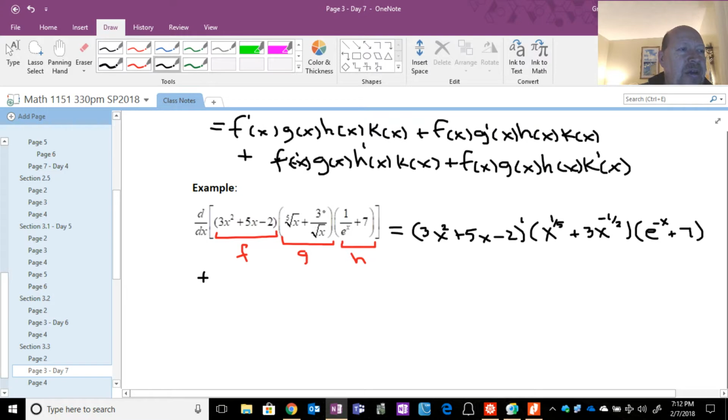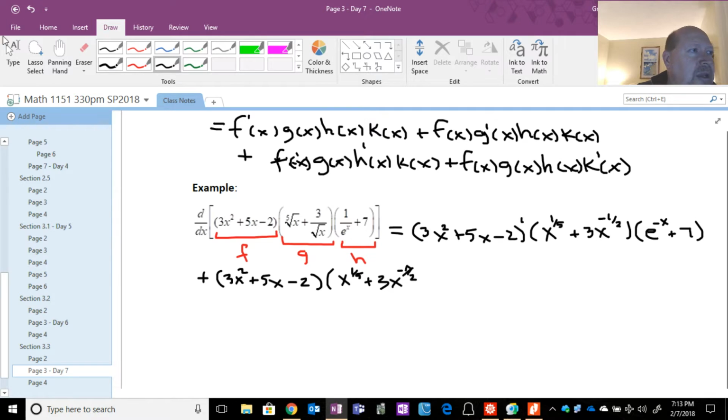Then we'll move down and take the derivative of the second function, so it would be the first function as it is, 3x squared plus 5x minus 2, times the derivative of this x to the 1/5 that we wrote, plus 3x to the negative 1/2.